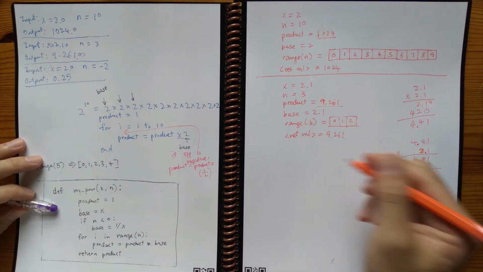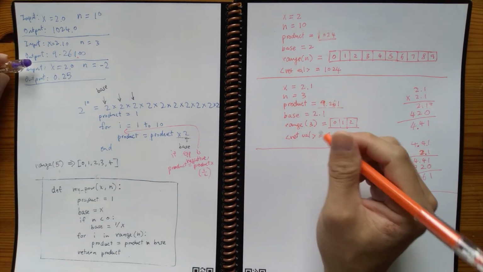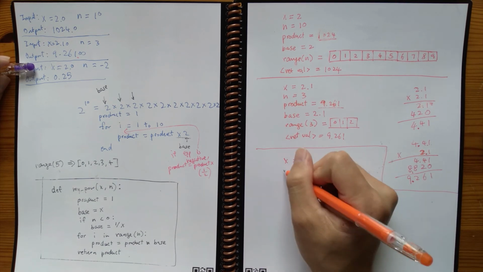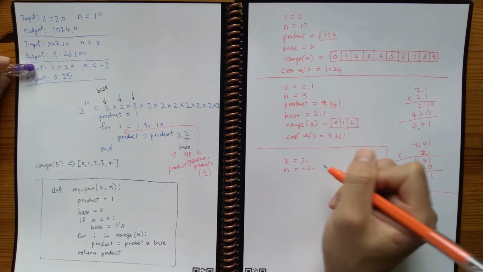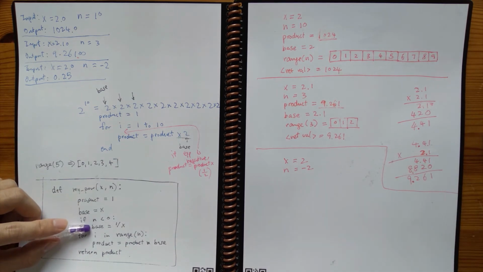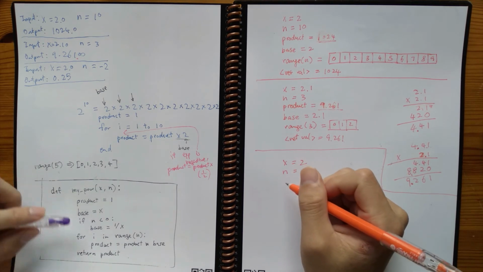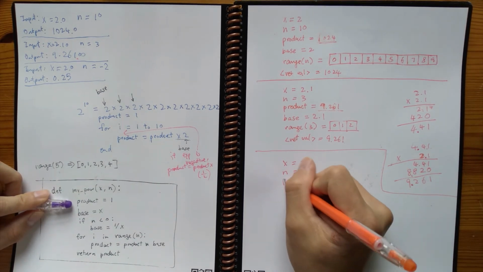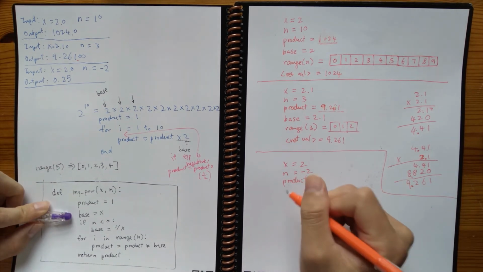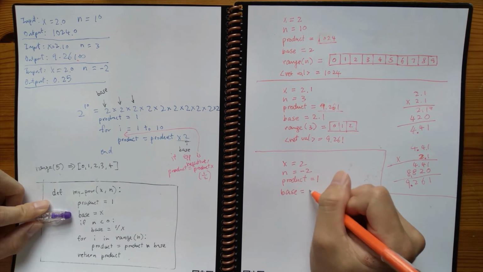Okay, finally, let's do the last one, which has input of x is 2 and n is -2. This is the one that's going to exercise this if statement, see if that works. Okay, so we're going to initialize the product to 1, initialize the base to whatever x is, which is 2.